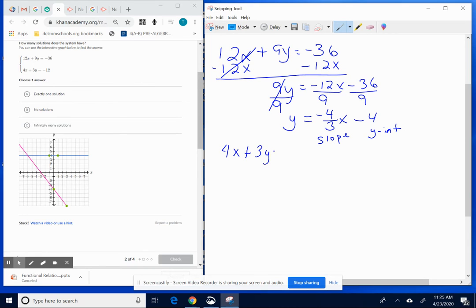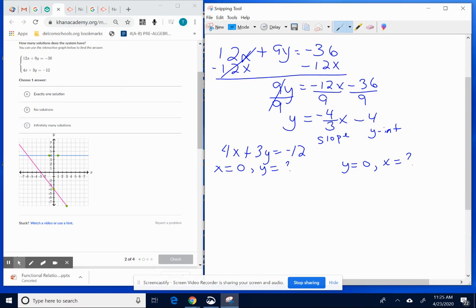using 0 twice. 4x plus 3y equals -12. I'm first going to put 0 in for x and find y. Then after I do that, I'm going to put 0 in for y and find x.